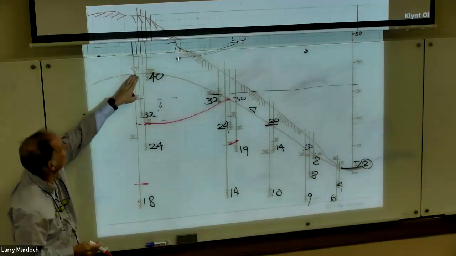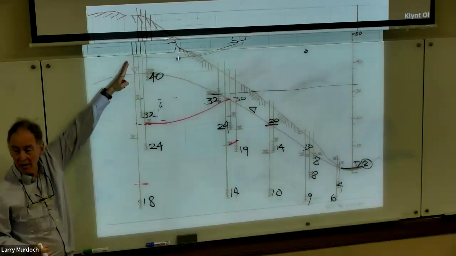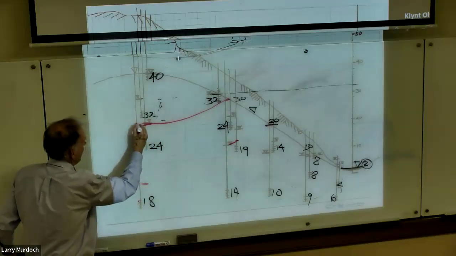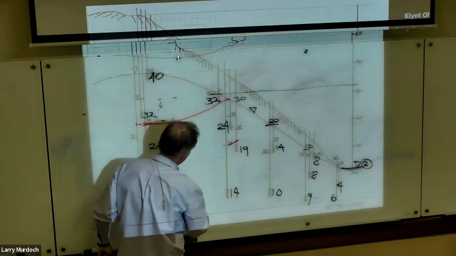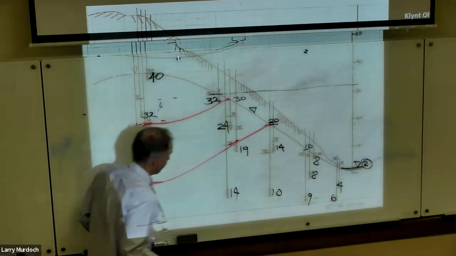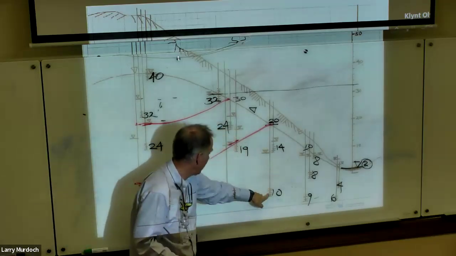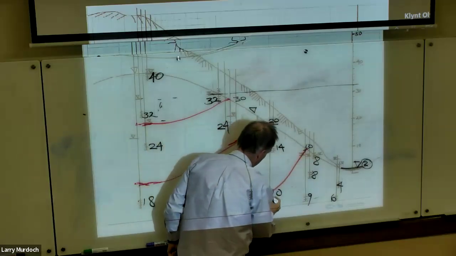And we see here, this is a groundwater divide, right, with the water table. So these head contours are going to be kind of flattening out. So we'll have a head contour look like that. And then 10, there's 10, there's 10. So 10 looks like it's going to be like that.